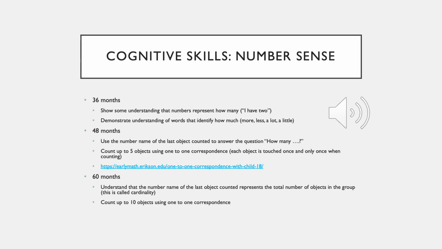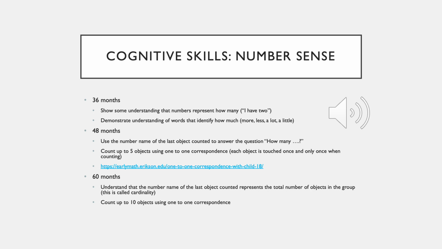So if there is a pile of 5 objects, a child is able to count 1, 2, 3, 4, and 5 and know that the last number that they said is 5, and that is represented in that how many piece. And so we can see that children have indications of how many in a group, and an understanding that the last word spoken is indicative of the number of the total set.